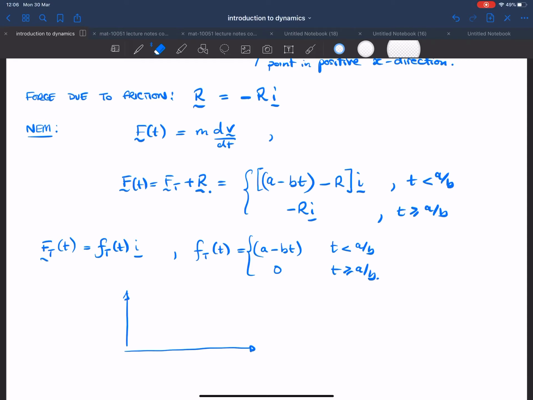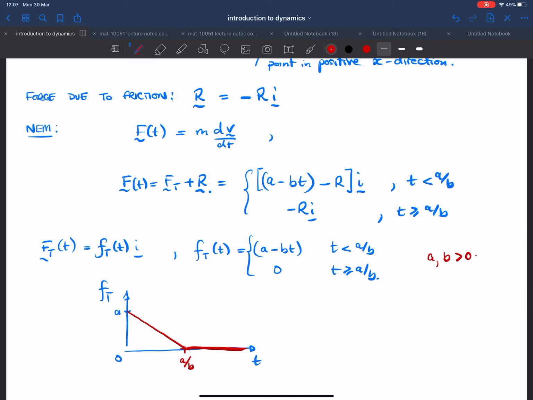This is F(t), this is t, this is 0, time t equals 0. Here there's some positive force at the beginning, some magnitude of A for the forward force, and then at time t equals A over B, of course this thing's 0. So I have a straight line with negative gradient. By the way, we're assuming that A is positive, B is positive. And then afterwards, it's just 0. Okay, so that's our function.